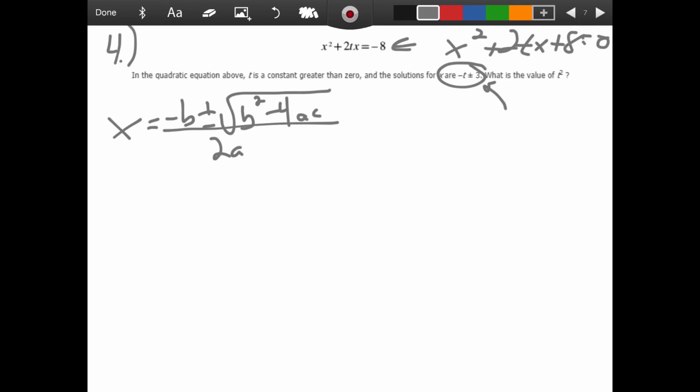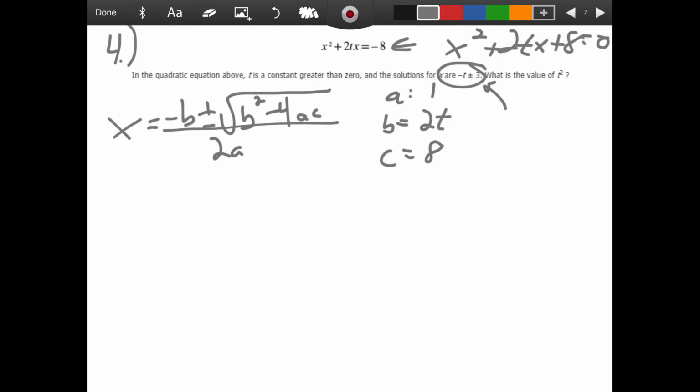Okay. Now, if we want to say a is equal to 1, b is not equal to 2, it's equal to 2 times t, which makes this equation a little tricky. And then c, obviously, is 8.